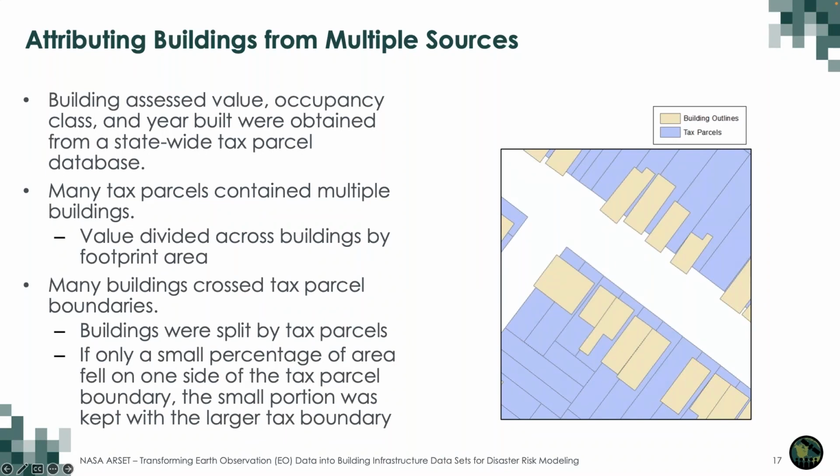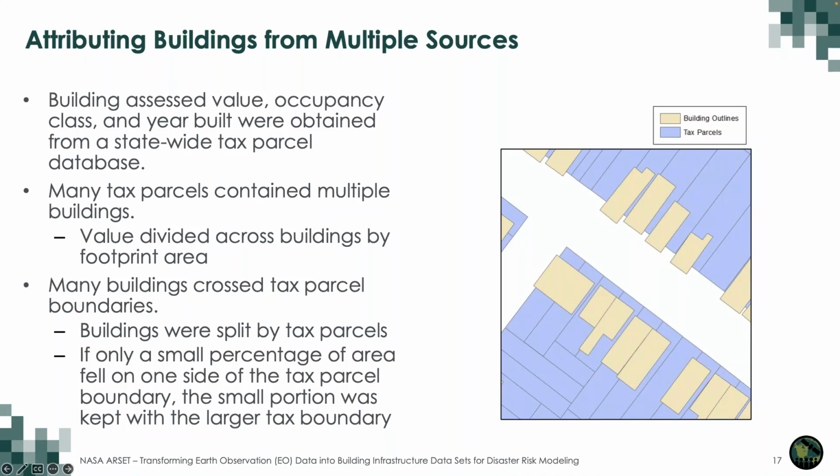So the tax parcels included the occupancy class for each of the parcels, and the assessed value of the land, and the assessed value of the building, sorry, not its contents, just the building itself. The assessed value for the building and the assessed value for the tax parcel. The land was included in the tax parcels. So we looked at a case where many parcels contain multiple buildings.